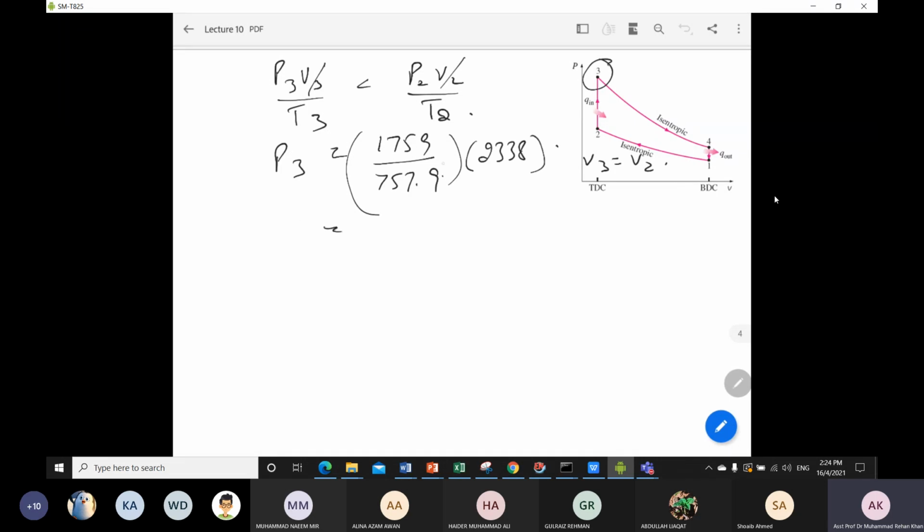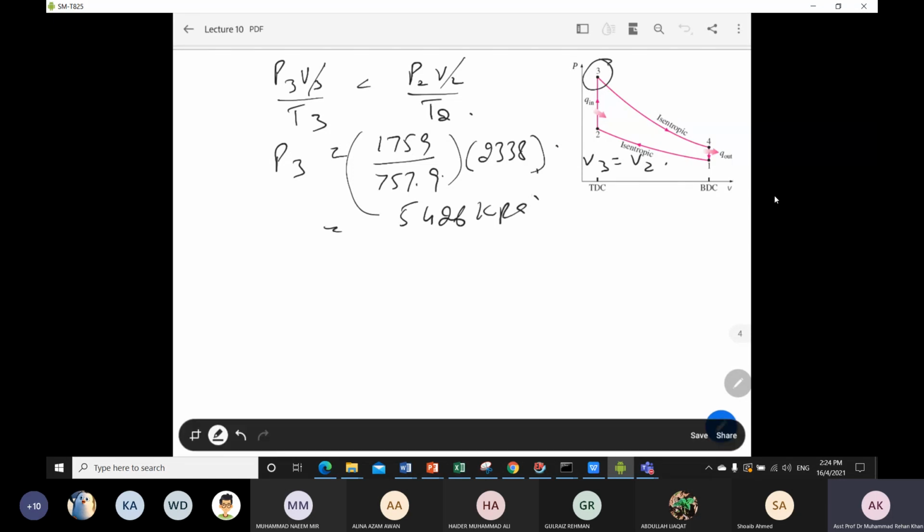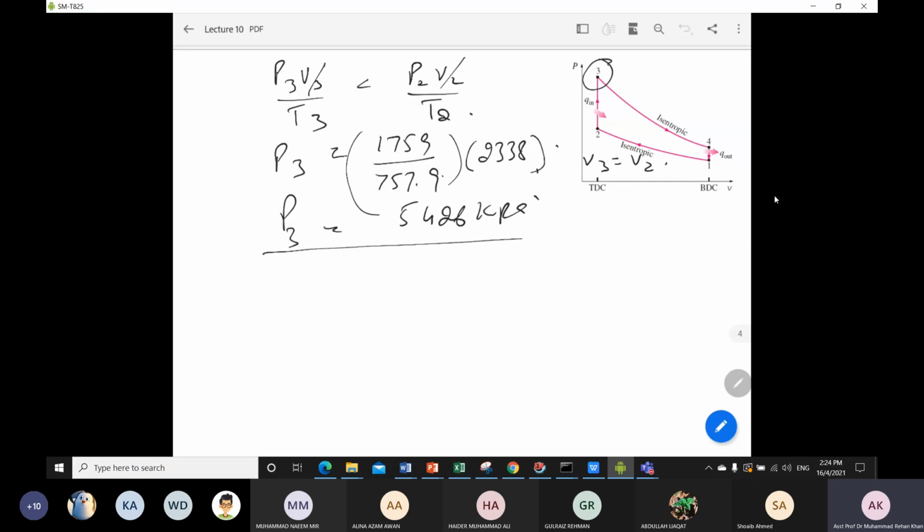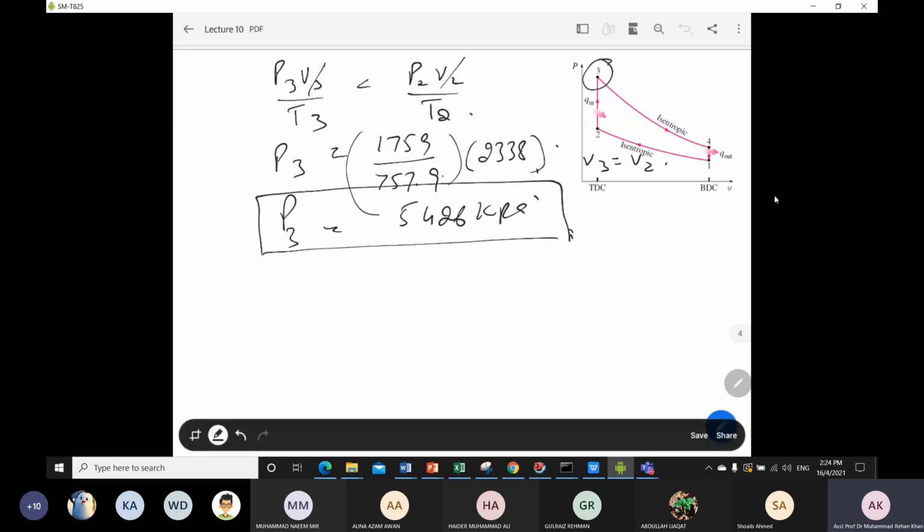You can solve it and you will get the pressure value 5426 kilopascal. So this is your part A, where we had to find the pressure and temperature at point number 3, which is your maximum pressure.